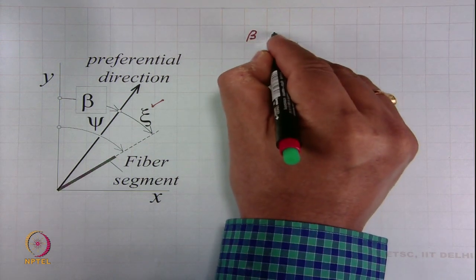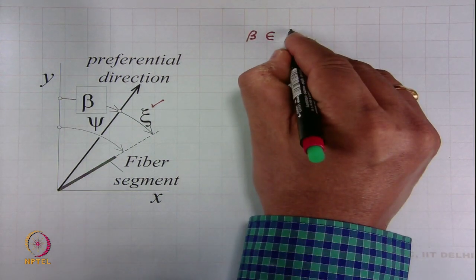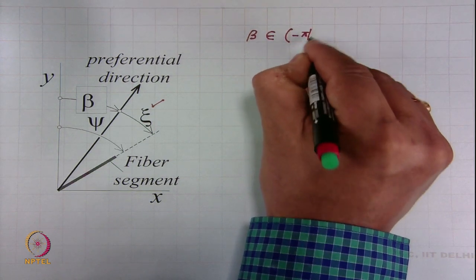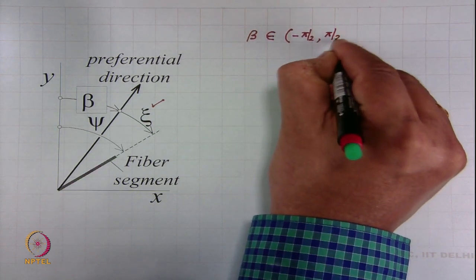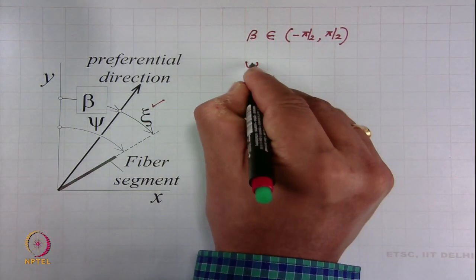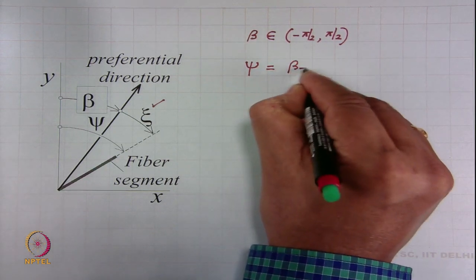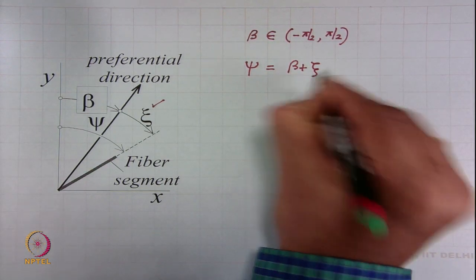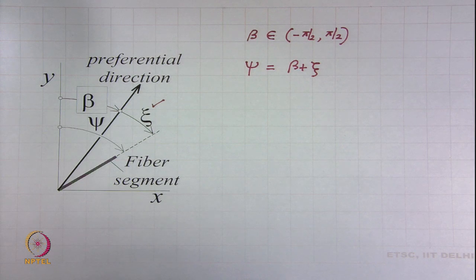So, this beta becomes now important. This beta is lying from minus pi by 2 to pi by 2, and psi is now taking this form. Now, earlier what we have used? We have used the expression when the preferential direction was the y axis, but now the preferential direction is changed from the y axis.